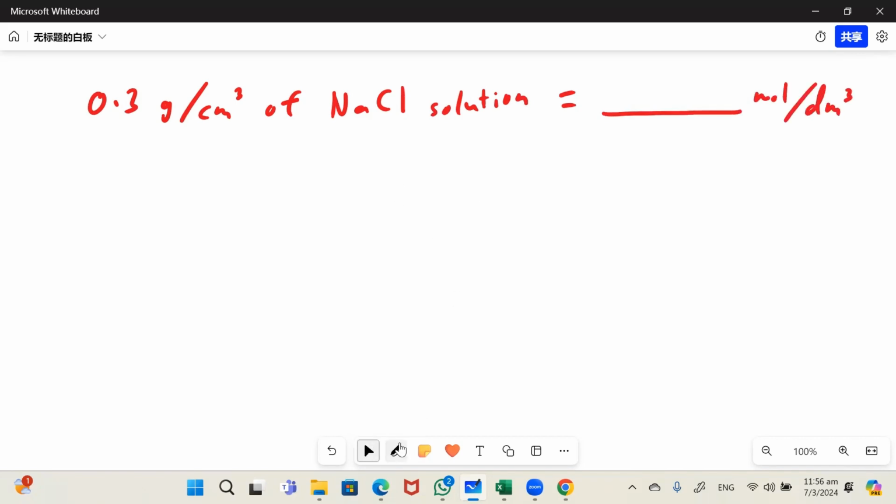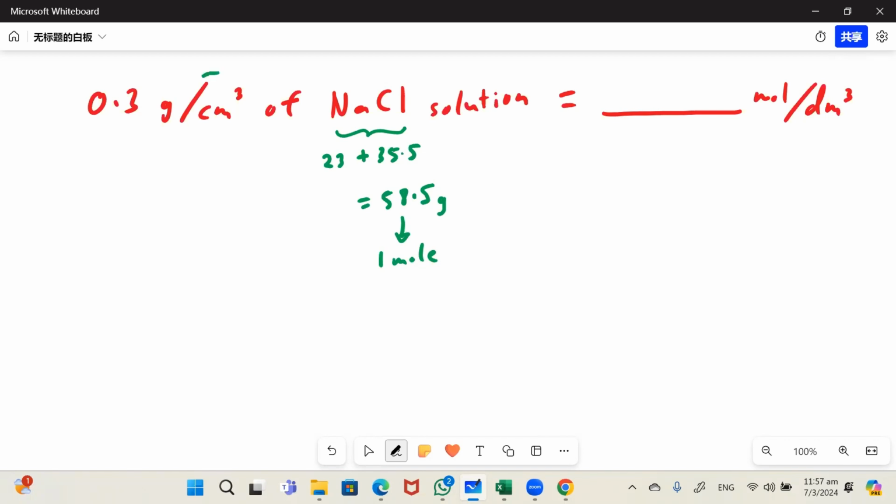So how do we convert this? Okay, sodium chloride, let's find its molecular mass. Sodium is 23, chlorine is 35.5. So we get 58.5 grams. 58.5 grams is 1 mole.